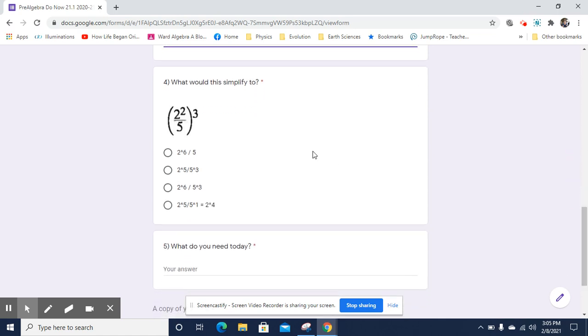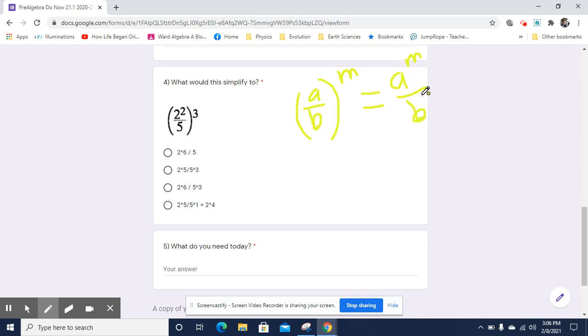Now, what would this simplify to? We've got 2 to the 2nd over 5 to the 3rd power. Well, one of the exponent laws that I've shown you is that A over B to the m power is going to be the same as A to the m over B to the m.